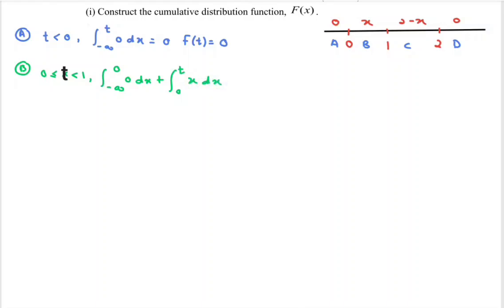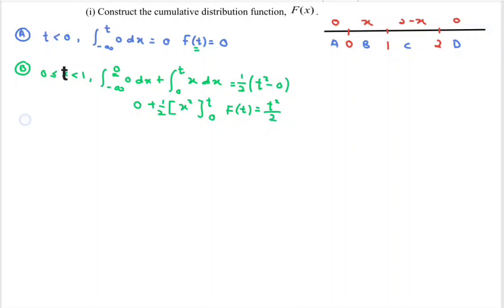If we substitute 0 in here, we will have 0, and then plus we have x squared over 2, evaluated from t to 0. If we simplify, we have 1 over 2 t squared minus 0. So F(t) is equal to t squared over 2. So that is B.